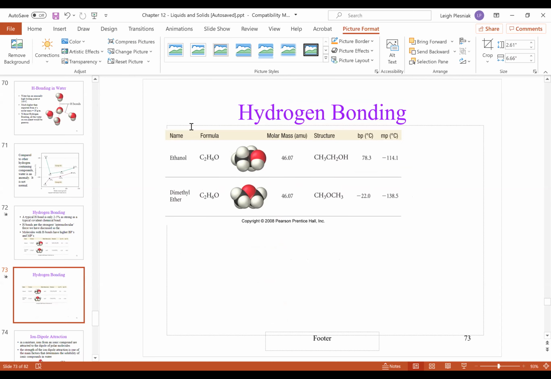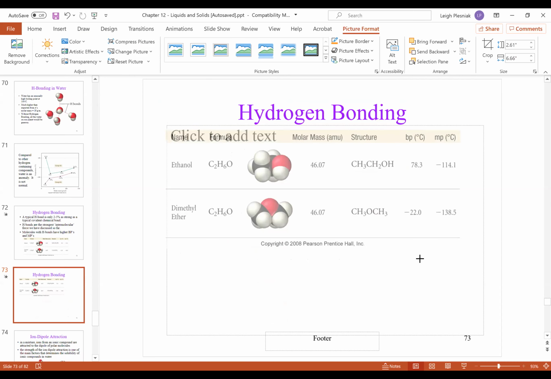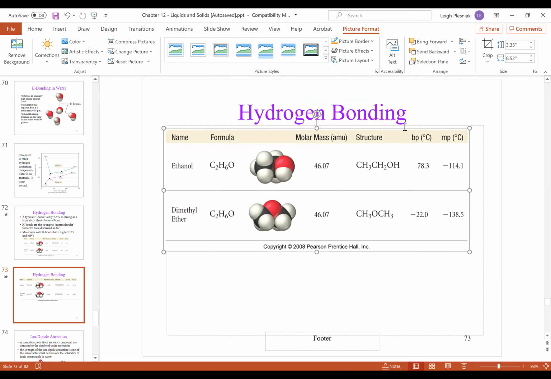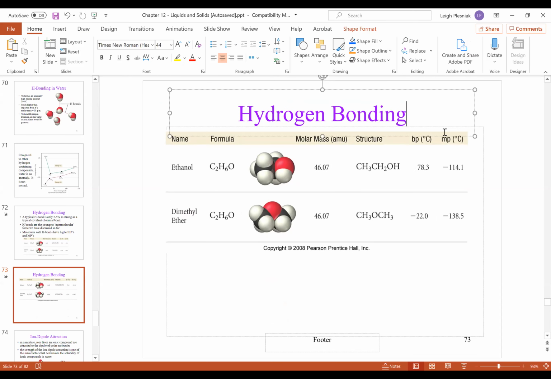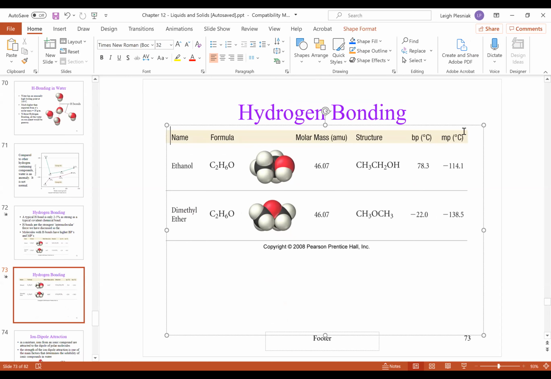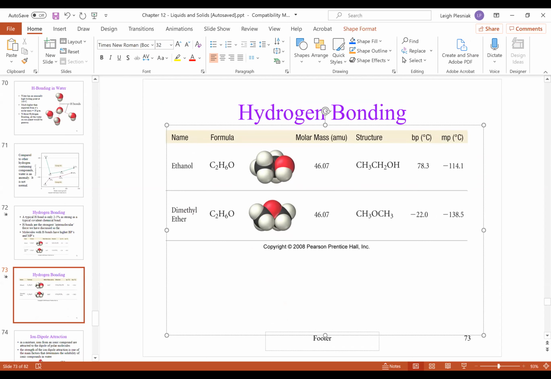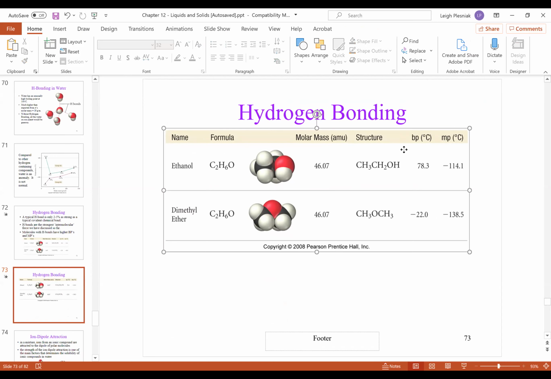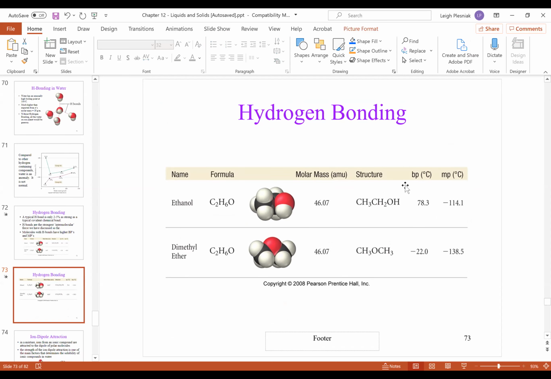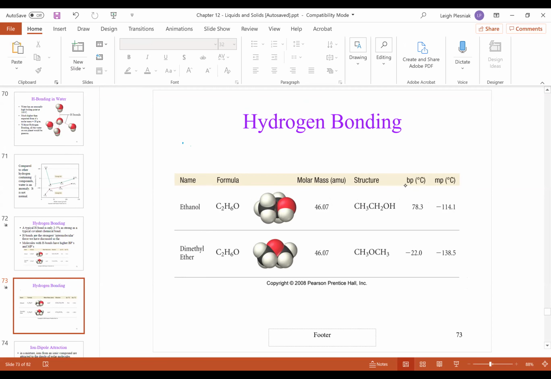Okay, so here's ethanol. Actually, I'm going to put this in the middle. Okay, so ethanol is this molecule.